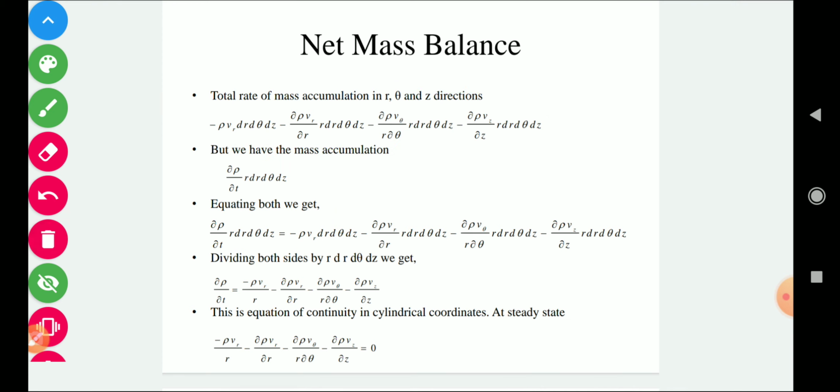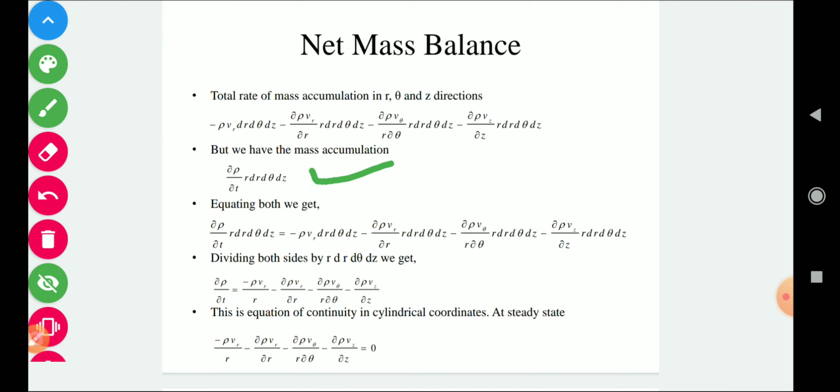Also the rate of mass accumulation will be equal to del rho by del t multiplied by volume, because rho is kg per meter cube. So if we multiply it by volume, then meter cube will be cancelled out and we will be left with kg per second. So it will give us the value of mass accumulation.